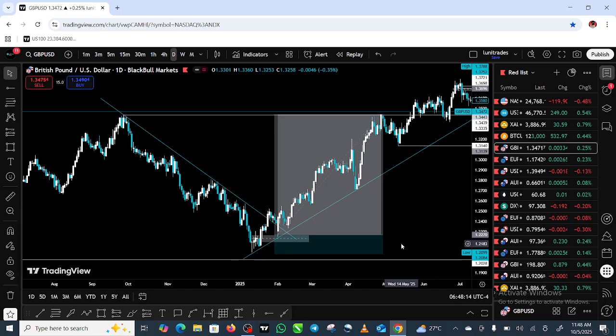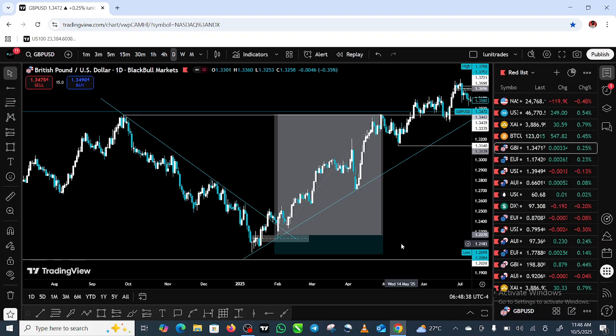Another way you can use trend line liquidity break and retest is using it on the higher time frame. One of the secrets I would like to share with you guys is when you're using it on the higher time frame, focus on OTE. OTE should be your entry. Don't focus on any other thing.